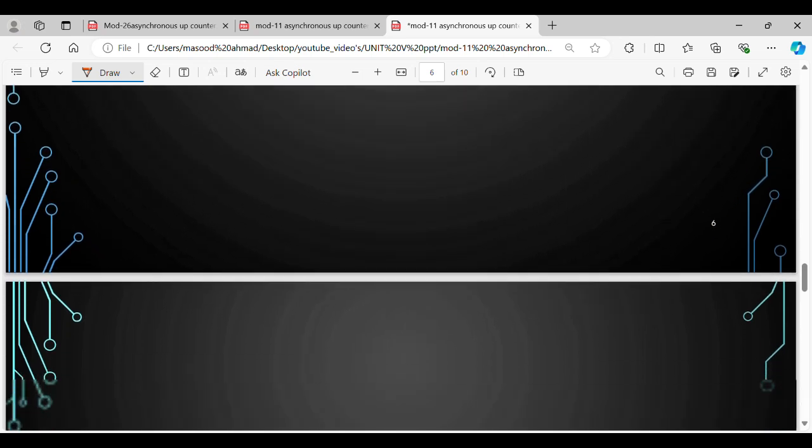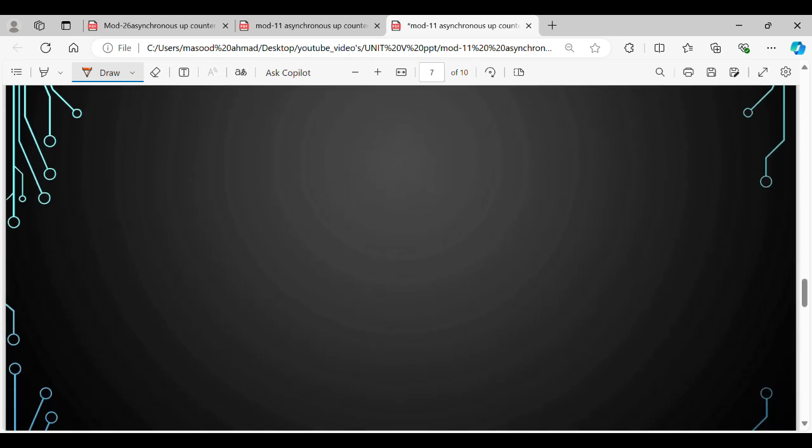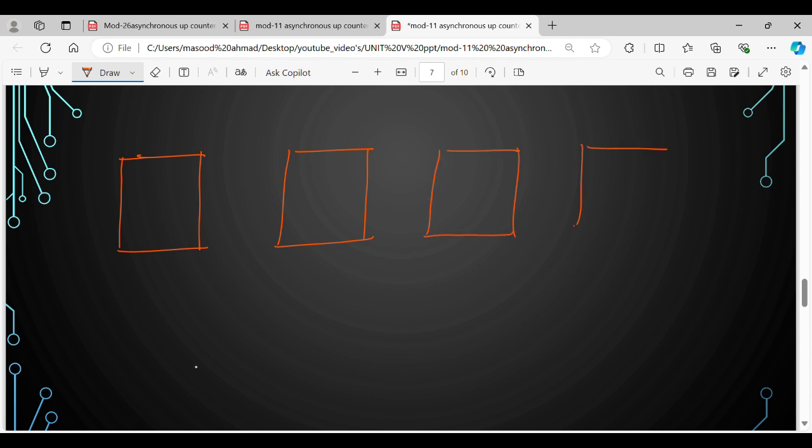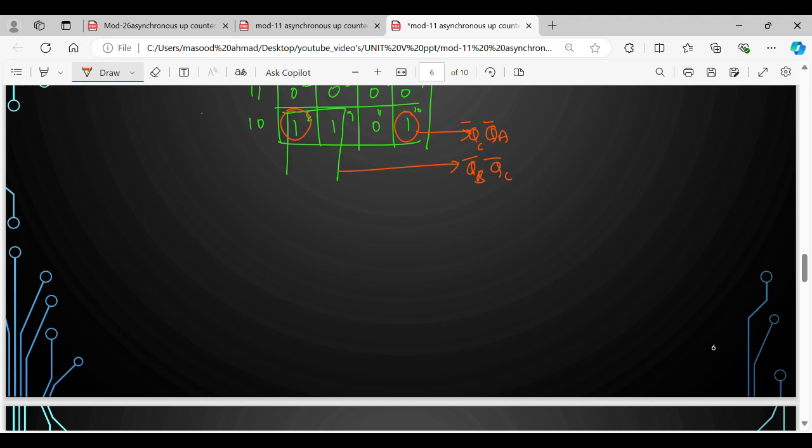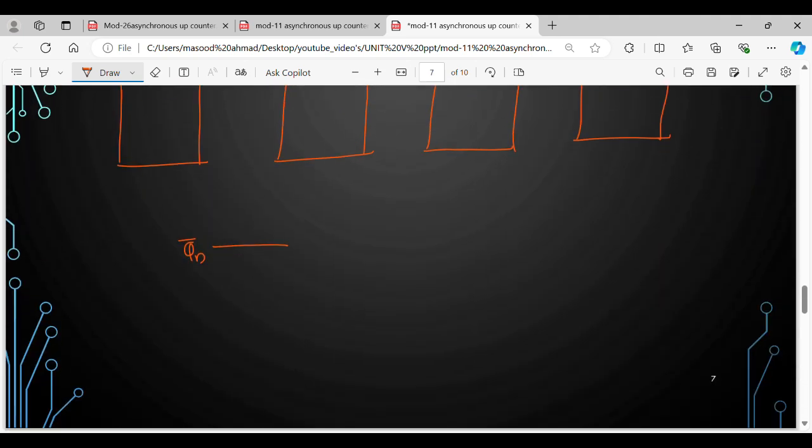Now I will draw the circuit. If you look at the logic, we have 4 flip-flops. I need to take QD bar. Then QC bar, QA bar: you take QC bar, QA bar and give it to an AND gate.